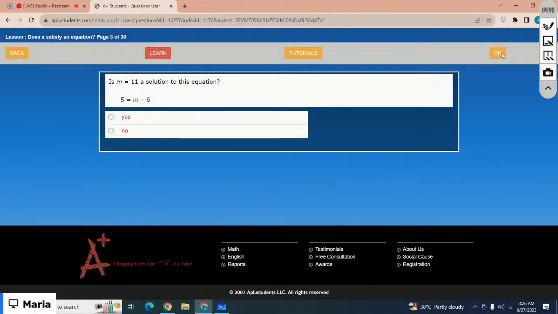Okay, the next one is m equals 11 a solution to the equation? So which is the correct option? Just replace the m with the value, right?